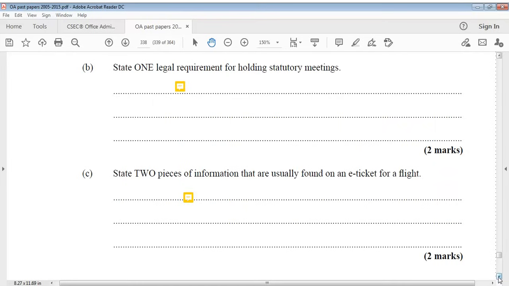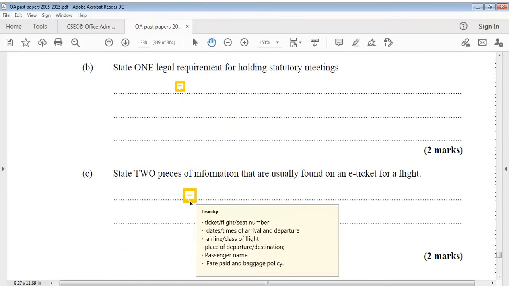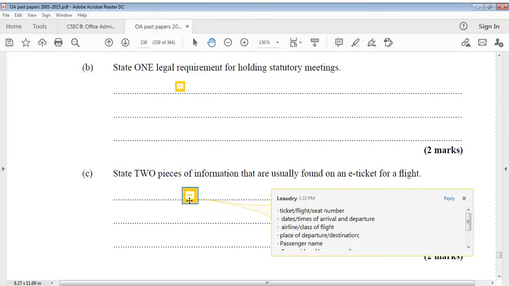State 2 pieces of information that are usually found on an e-ticket for a flight. So let's look at what do we find on an e-ticket for a flight. We find 1, ticket, flight/seat number.